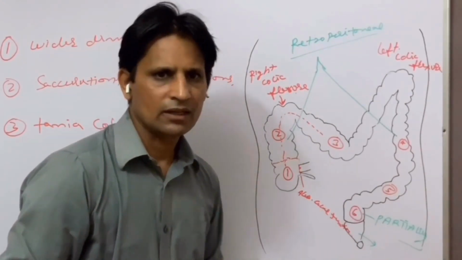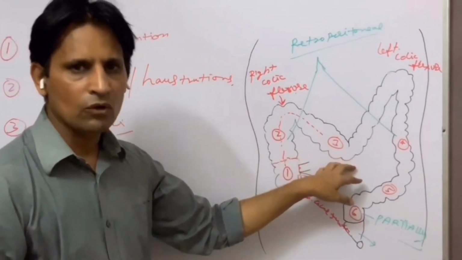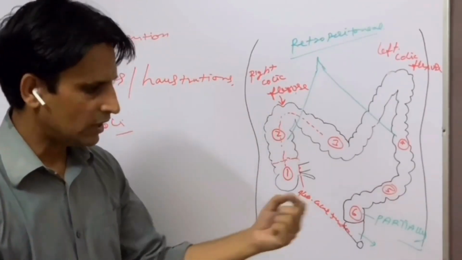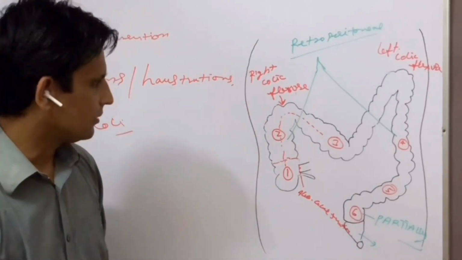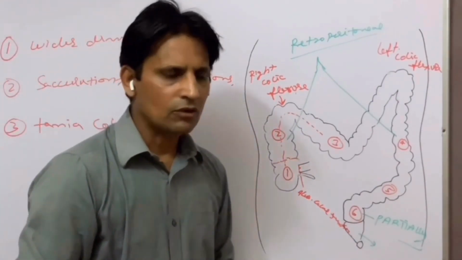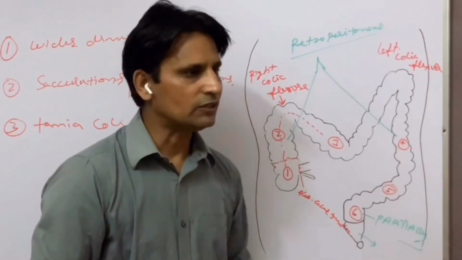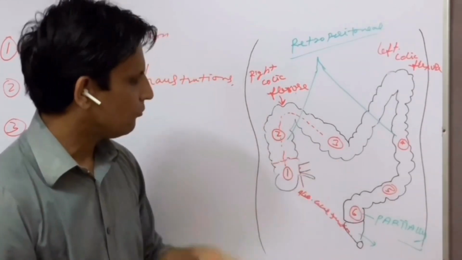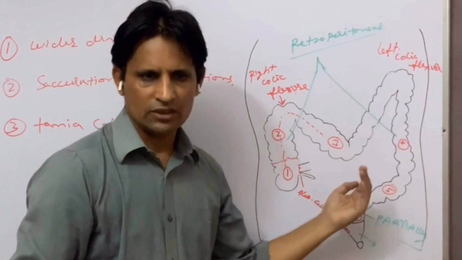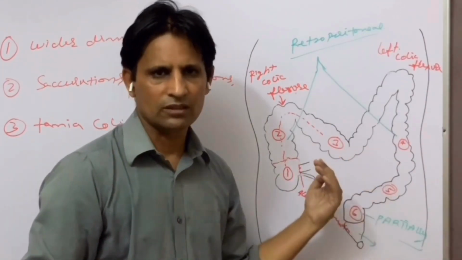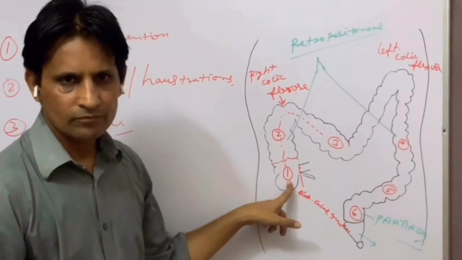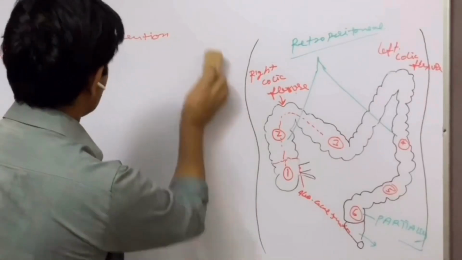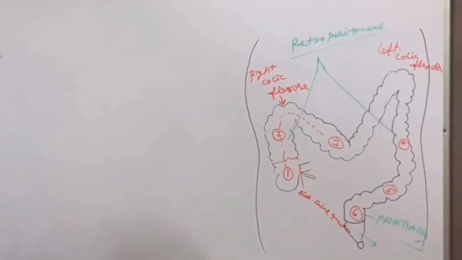One more important thing, the embryological development of this intestine. As we have seen in the duodenum, where the pancreatic duct opens, the proximal part was from the foregut, and the distal part was from the midgut. Here, the right side portion is the cecum. Let me write it first. What are the parts situated on the right side of the body?